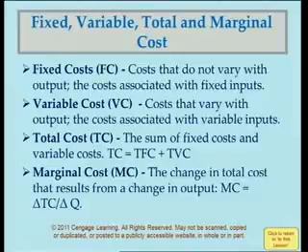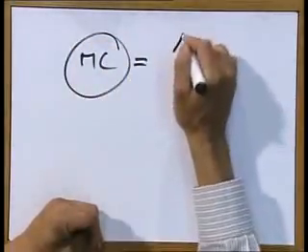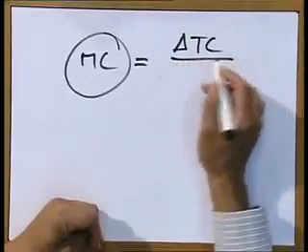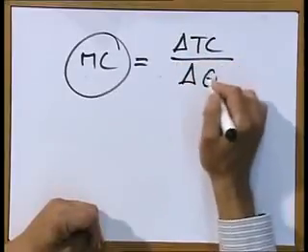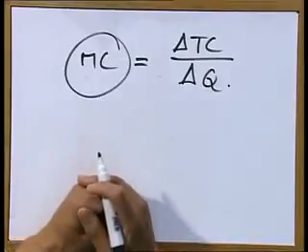So if you increase your output, what will be the additional cost of increasing that output? So it's a change in TC because of the change in Q, in output, right? What is the formula to calculate MC? It is the change in total cost divided by the change in the number of units that you produce, right? So that is how you calculate MC.